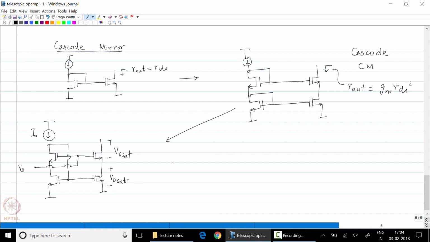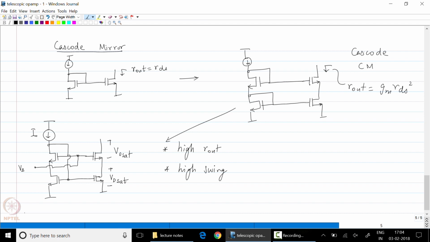Therefore, this particular circuit has high R out and high swing. This is called the high swing current mirror or the low voltage cascode current mirror.